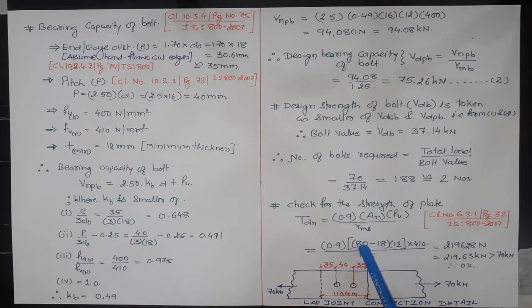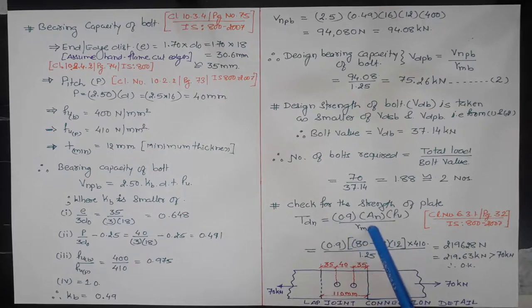Therefore, Tdn will be equal to 0.9 times An, the net area. The net area is calculated by deducting the hole from the gross area: 80, the width of the plate, minus 18, the diameter of hole. This 80 minus 18 gives the net width of the plate, into 12. This is the least thickness. We have two thicknesses, 12 mm and 20 mm. Least is 12 mm. Here we take the least thickness into 410, the plate grade, divided by gamma ml.